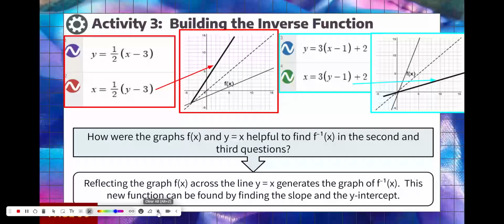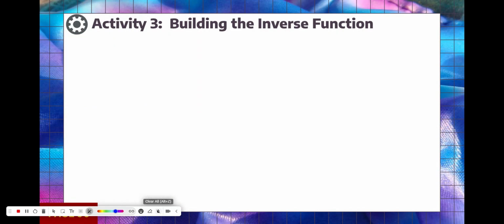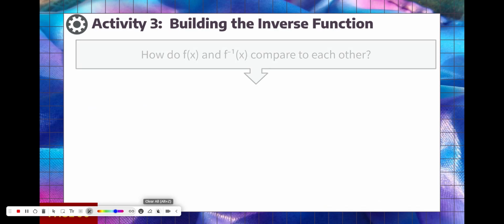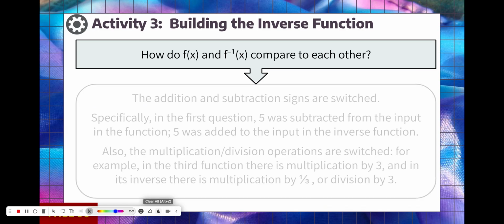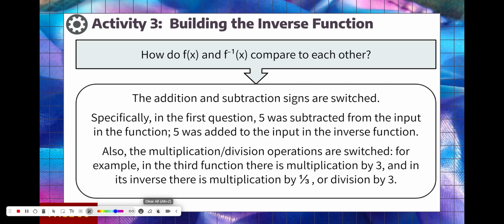Alright, next. So, building the inverse function. Okay, how do f of x and the inverse of x compare to each other? The addition and subtraction signs are switched, as I told you in the second PowerPoint, like those yellow ribbons.